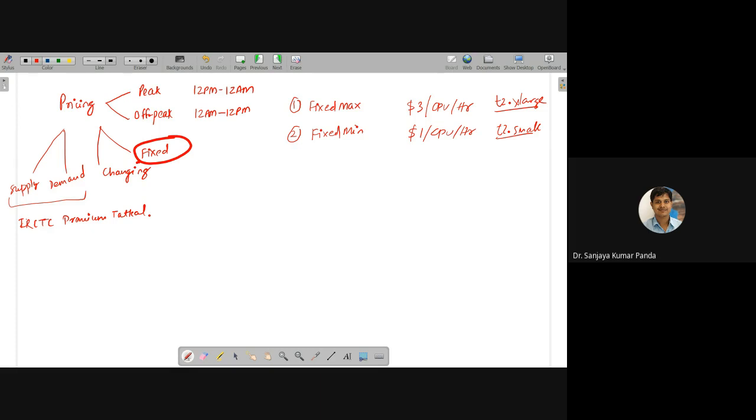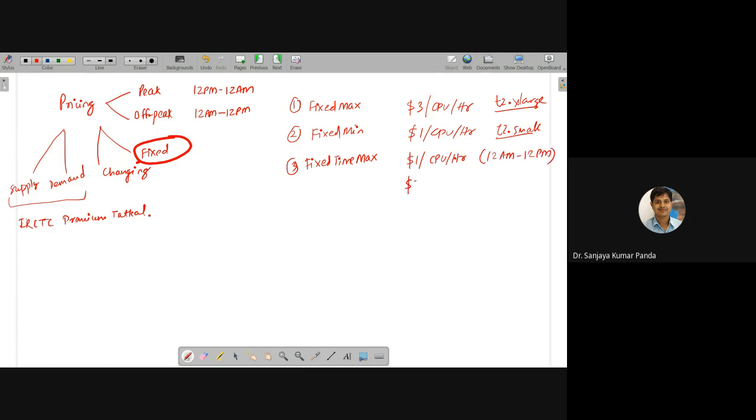There is another pricing mechanism called fixed time max. This scheme charges $1 per CPU per hour like fixed min, but between 12 AM to 12 PM.